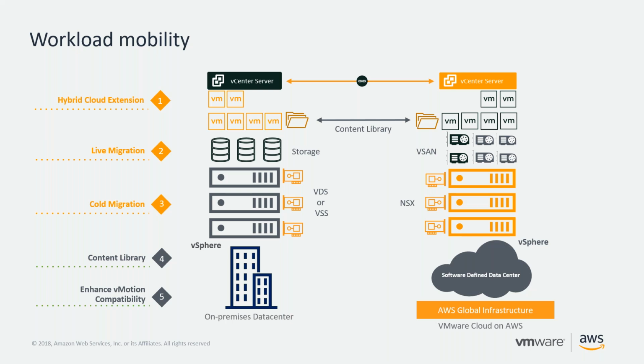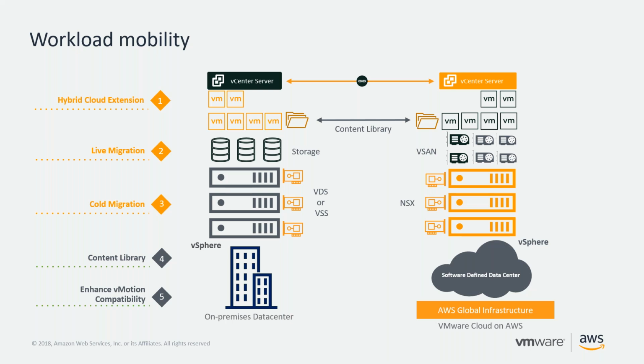Being able to leverage something like Content Library allows you to create one content library that is a publisher, most likely from your on-prem environment, that includes all of your templates and scripts and ISOs. And you can publish that out to other vCenter servers. Now, in this case, you can publish this out to your vCenter server in VMware Cloud on AWS and start syncing all of your gold builds to the cloud that are ready for consumption very, very quickly. So not only is this workload mobility, but it's also time to value.